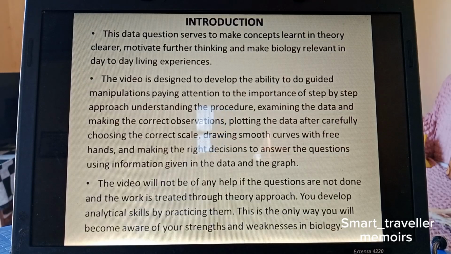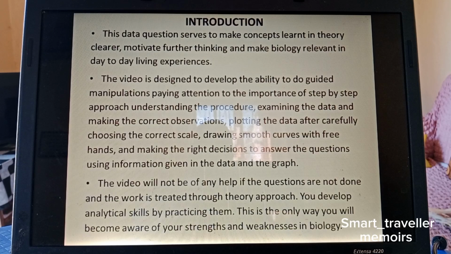In my introduction, I'll just say that this data question serves to make concepts learned in theory clearer, motivate further thinking, and make biology relevant in day-to-day living experiences. The video is designed to develop the ability to do guided manipulation, paying attention to the importance of step-by-step approach, understanding the procedure, examining the data, and making the correct observations, as you will see when we come to answering the question.